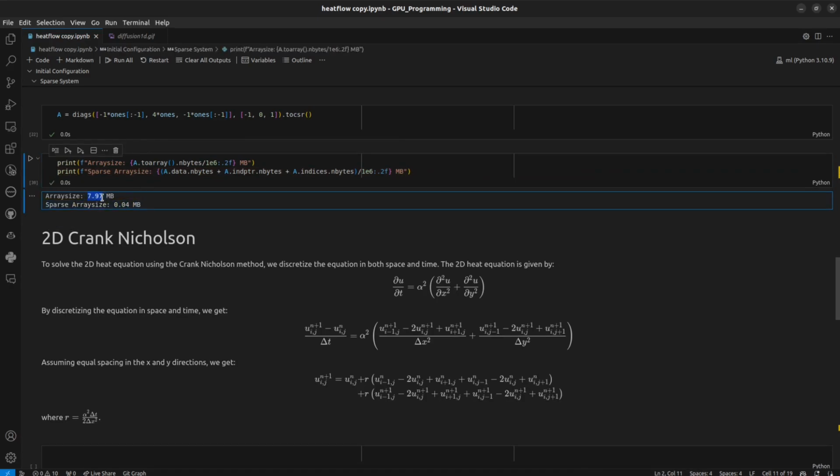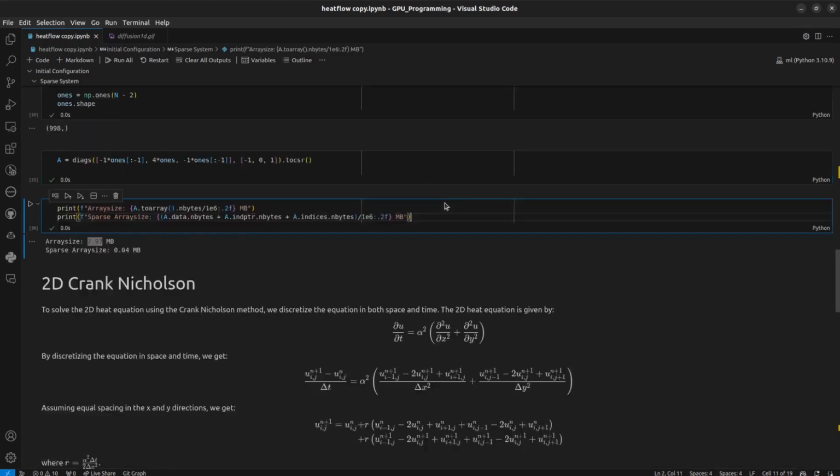And you might think 8 megabytes is not too bad, but if you think that the size is going to scale quadratically if we're going to 2D and cubically if we're going to 3D, that's going to get really big really fast. So that's why we use sparse matrices, even though for the one-dimensional case we could solve it without using sparse matrices.